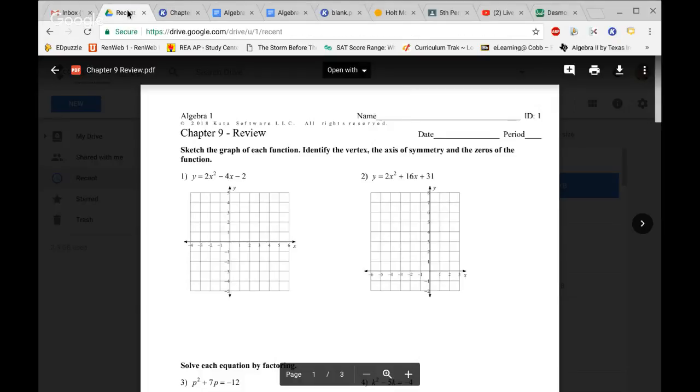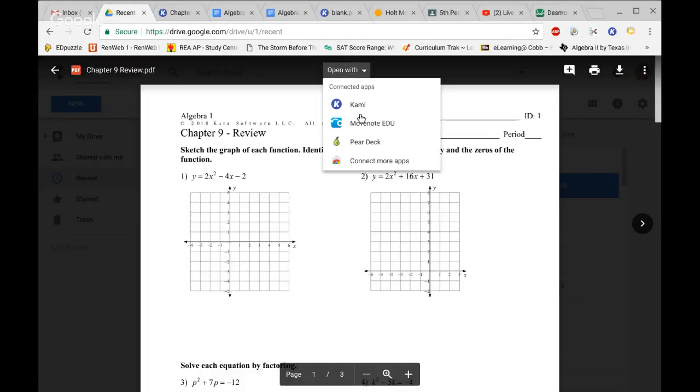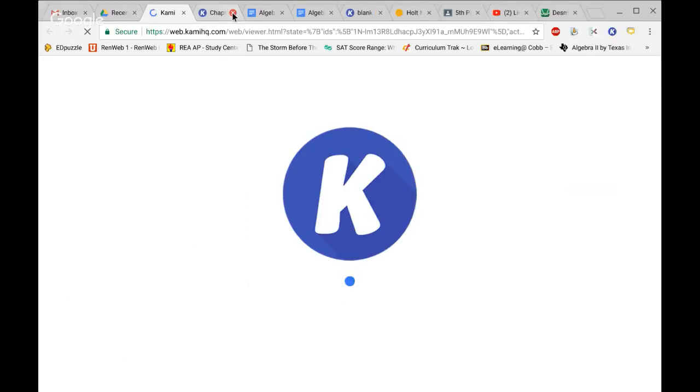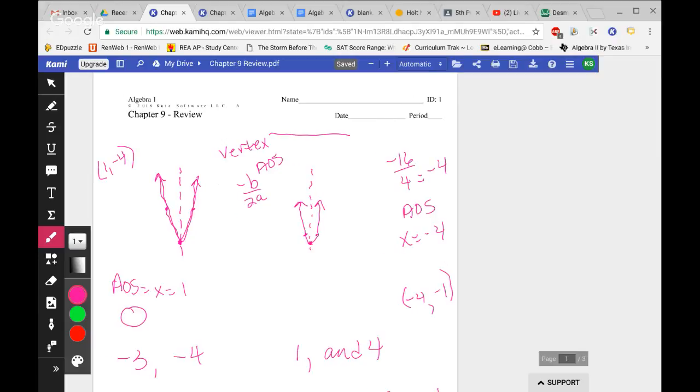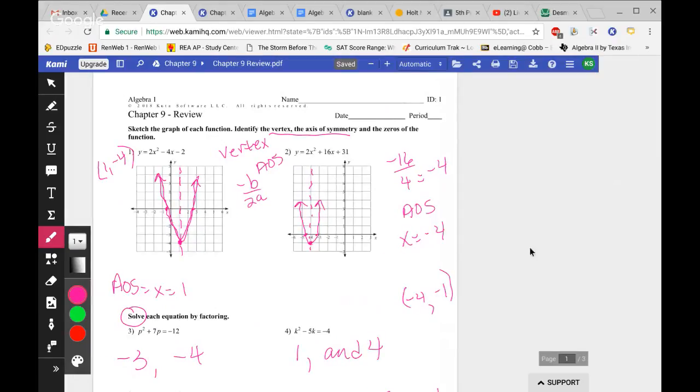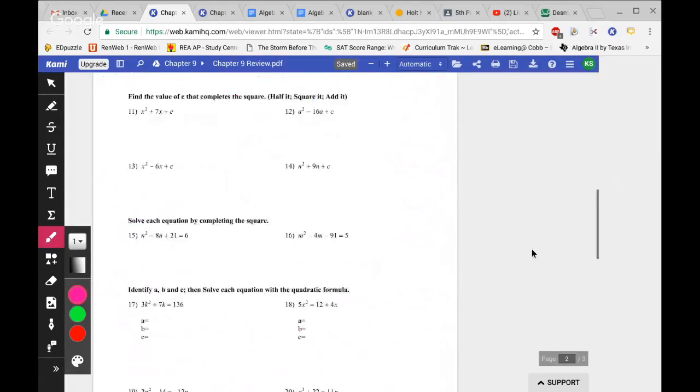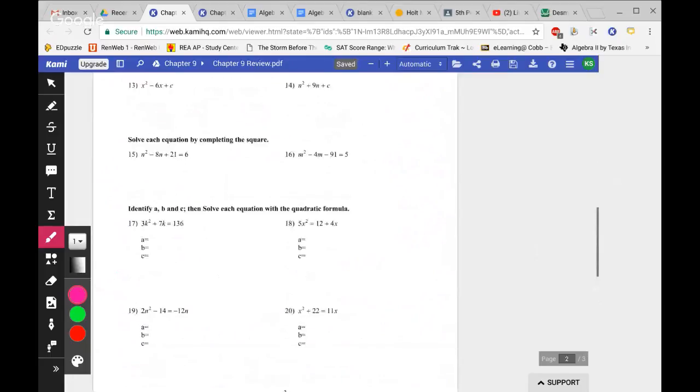Okay, and then on top of that, the Cami program locked up, and I could no longer erase. So I've got to reload the chapter review. Ugh. Yay.